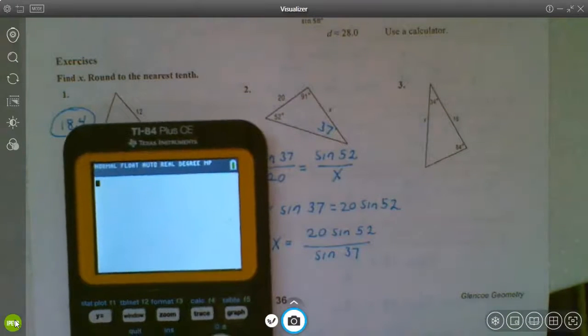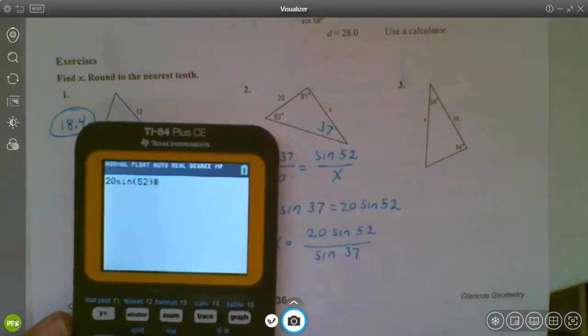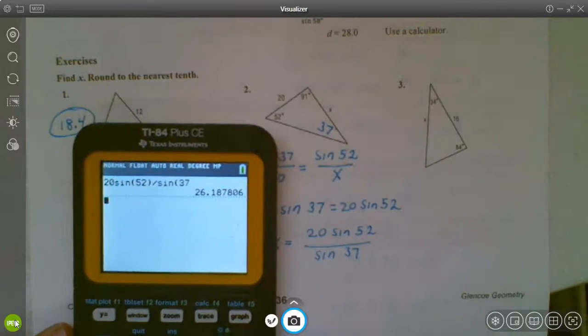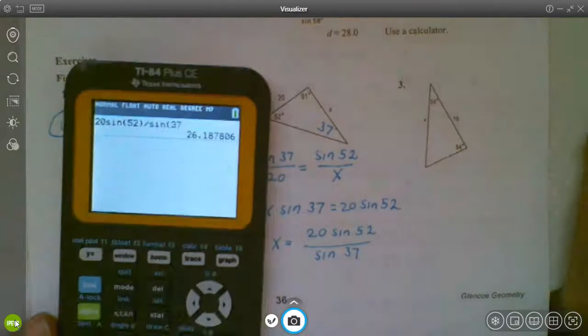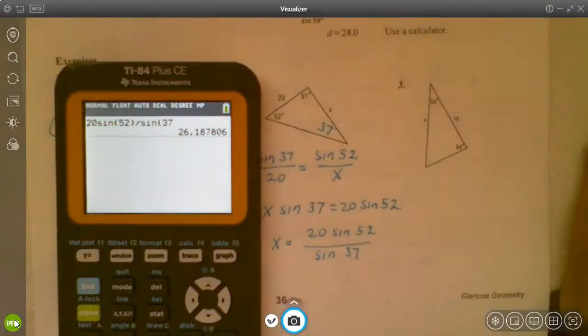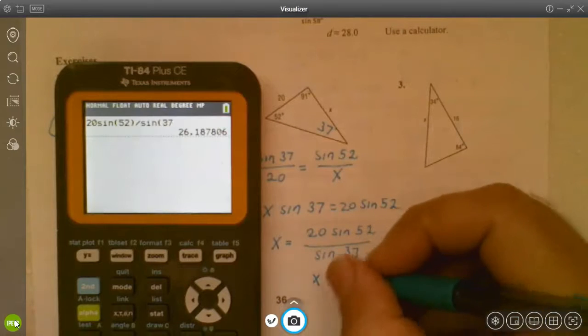So I'm going to do 20 sine 52 over sine 37. So it should be about 26.2. Guys, make sure you round correctly. I hate for you to miss points on a test because you said the answer was 26.1. Right? Make sure you round accurately. That 8 pushes my 1 up to a 2, so my x should equal 26.2.